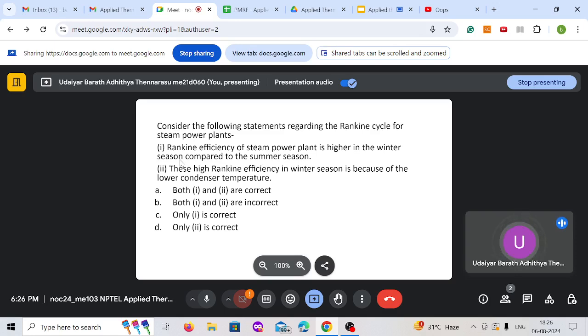So there are two statements, so we have to see whether each statement is correct.